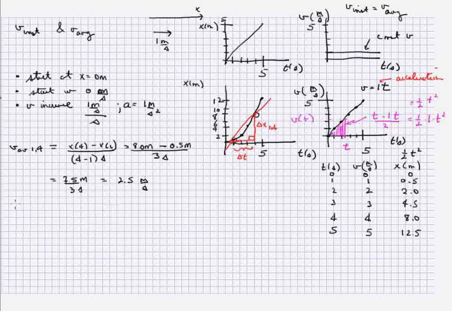Okay, now to calculate the instantaneous velocity at time t equals 1, what we do is we consider v average from 1 to 1 plus delta t, and we let delta t go to 0 seconds.